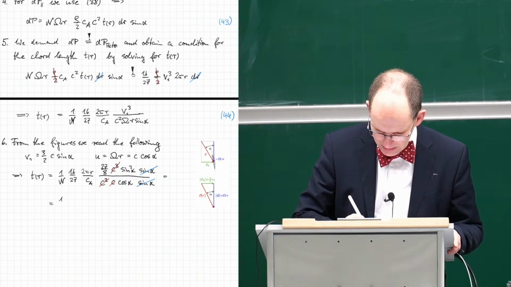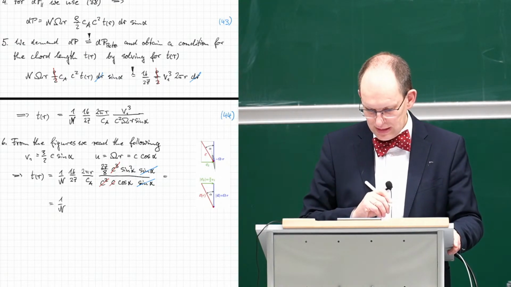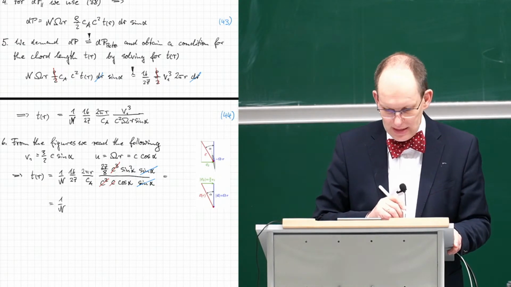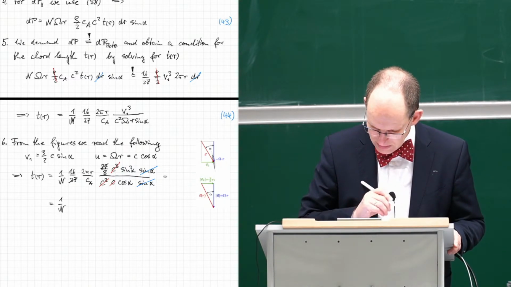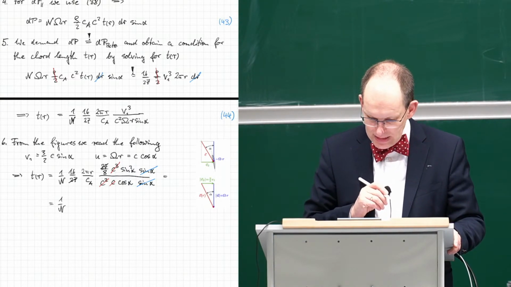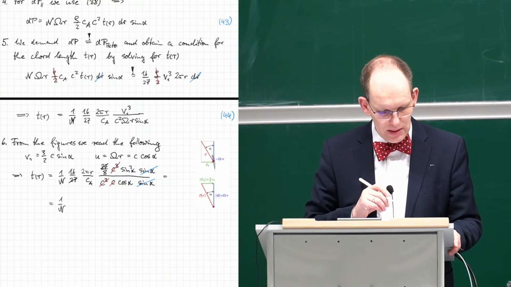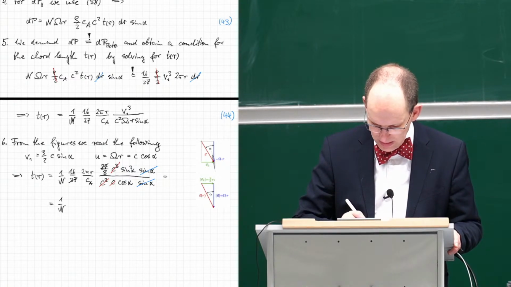1 over n, 16 over 27. This is actually also 27, so this also cancels, and actually 16 and 8. We just have a factor of 2 that's remaining.